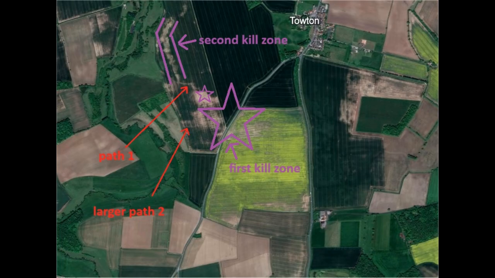So here we are back at that slide, the first kill zone, the big star. Larger Path 2 as we'll call it, intrigued me for months, years, because I knew it led to something, but I couldn't find it. No matter what I did on Google Earth or old imagery or any type of photography, I couldn't find anything.